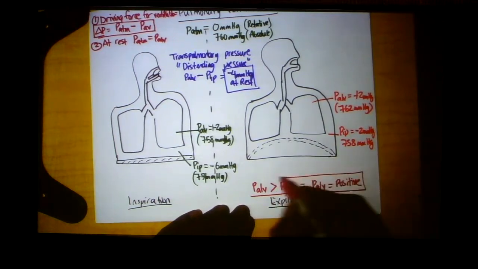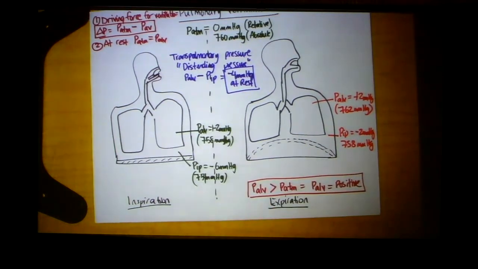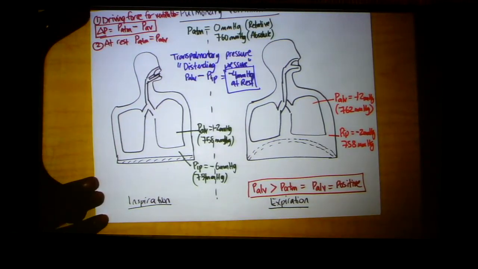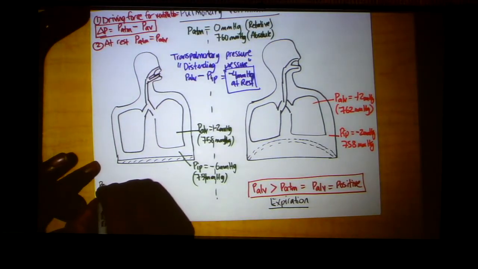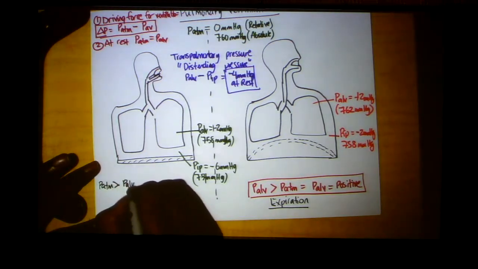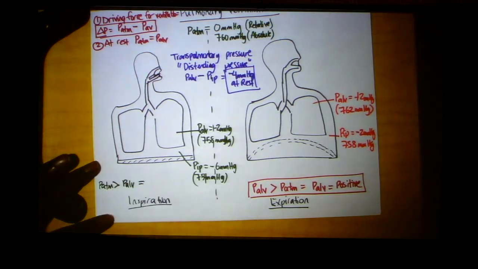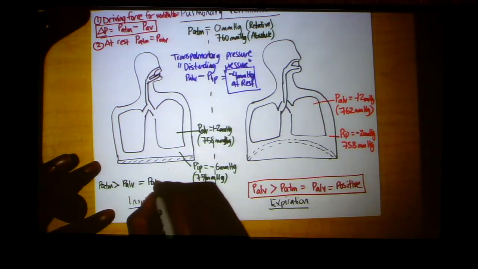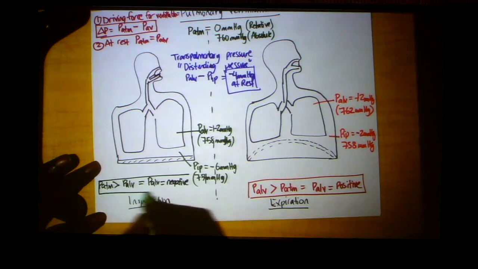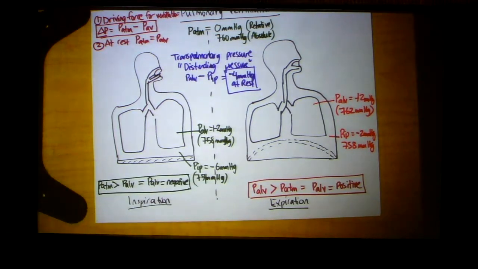So alveolar must be greater than atmospheric, and alveolar must be a positive value. And the reverse is true. In order for inspiration to occur, the atmospheric pressure must be greater than the alveolar pressure. Another way of saying that is that the alveolar pressure must be a negative value. Okay?